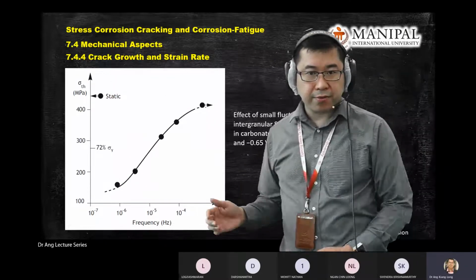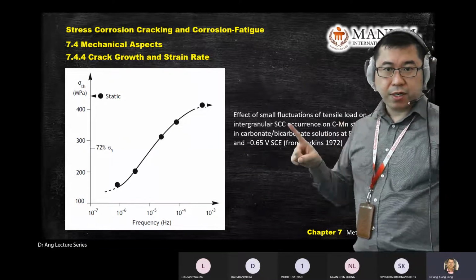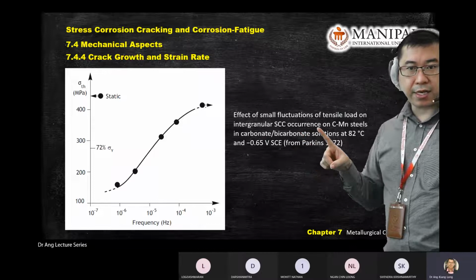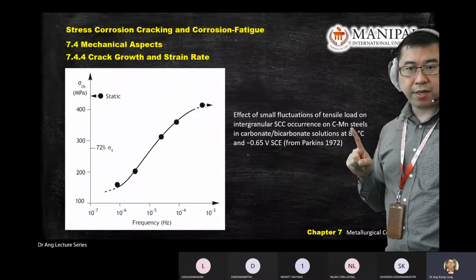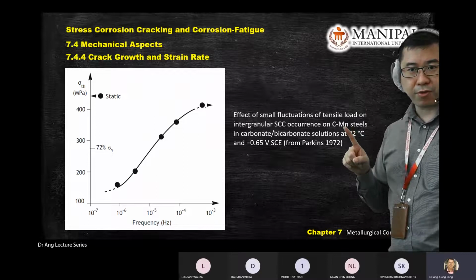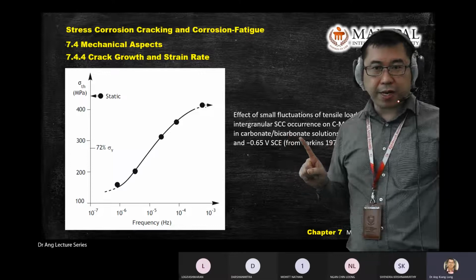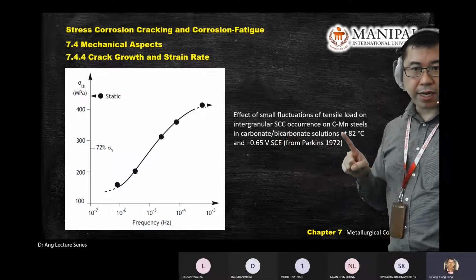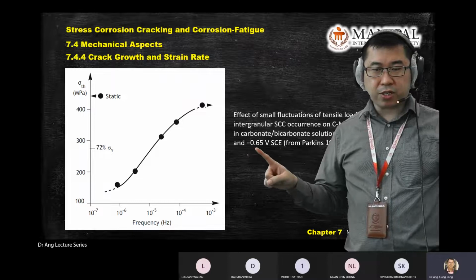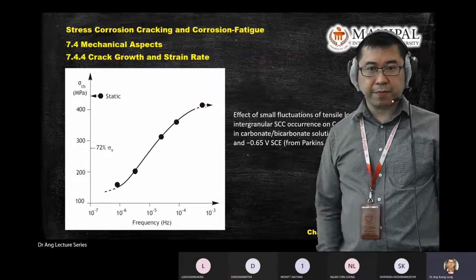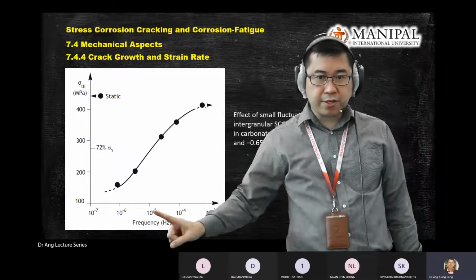Another graph. This graph is a small fluctuation of the tensile load on intergranular SCC occurrence on CMn steel. Carbon manganese, you need to check, CMn steels in carbonate-bicarbonate solution at 82 degrees C and under a certain voltage potential here. So you can see stress versus frequency.